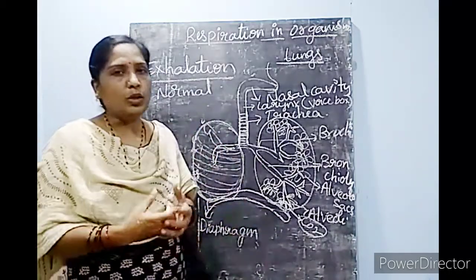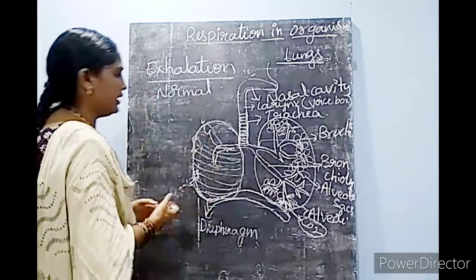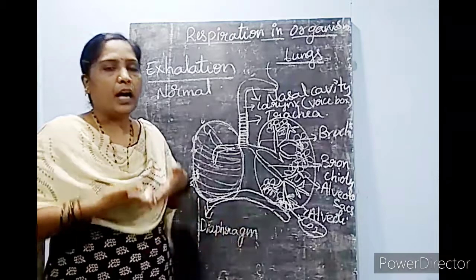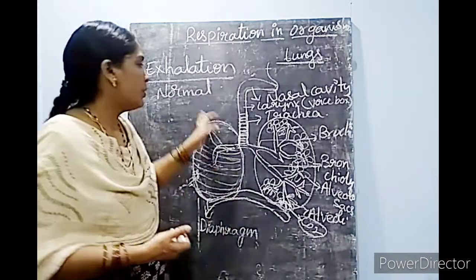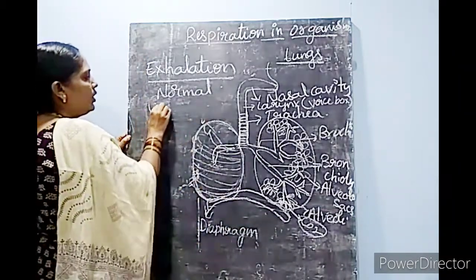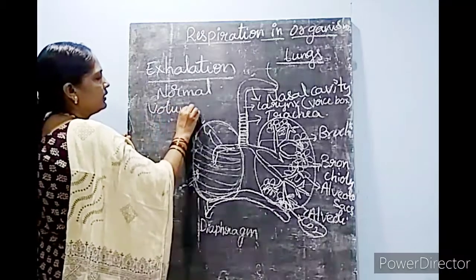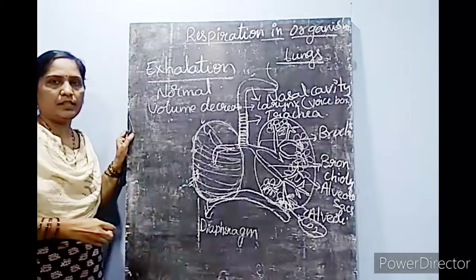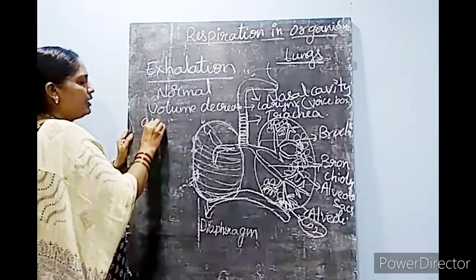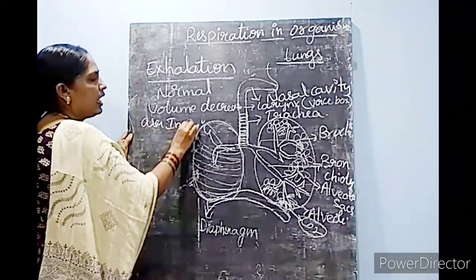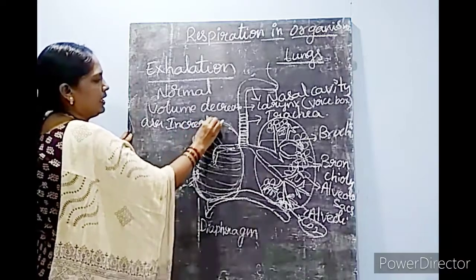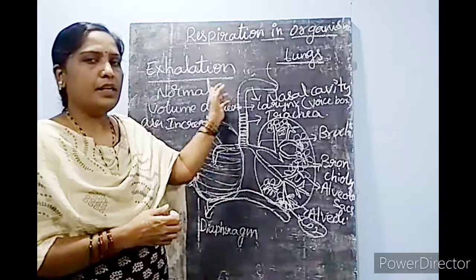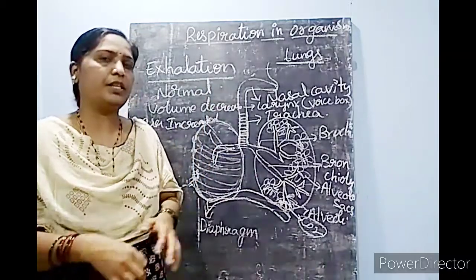The volume of the lungs decreases because the diaphragm moved upward, so the volume inside the lungs decreases and the air pressure increases. This is opposite to the inhalation time, when volume is increased and air pressure is decreased.